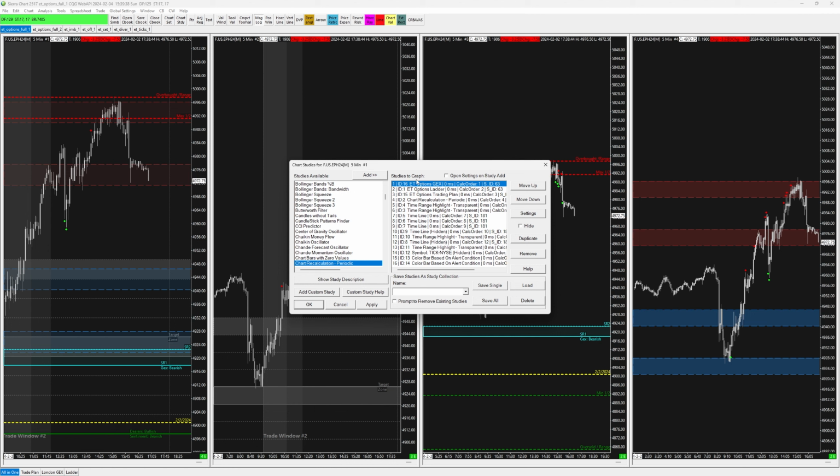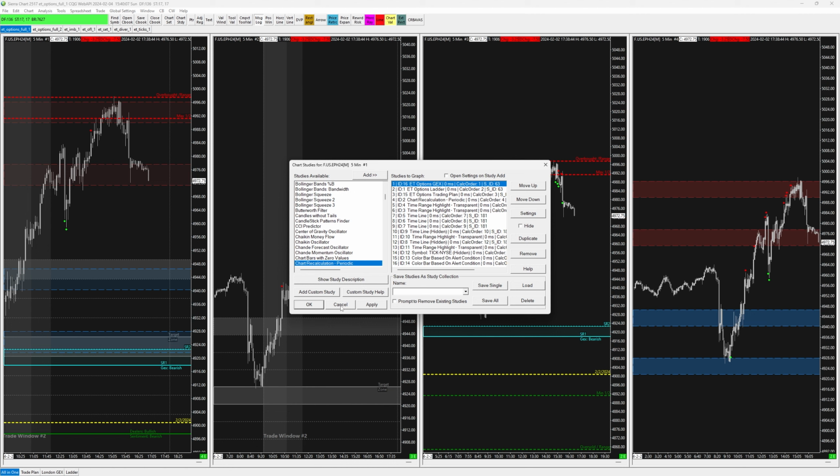So basically you can place them wherever you want in relation to other studies, but in relation to ET studies, E-mini today studies, it has to be in this order if you want to have them on one chart. So GEX, above it ladder, and above ladder trading plan.